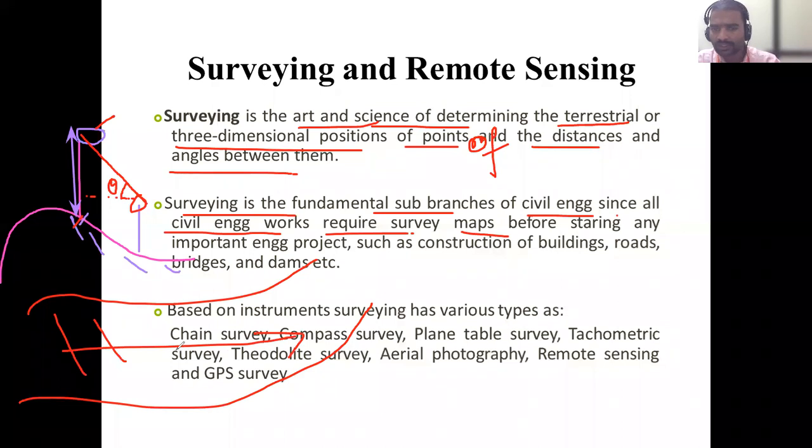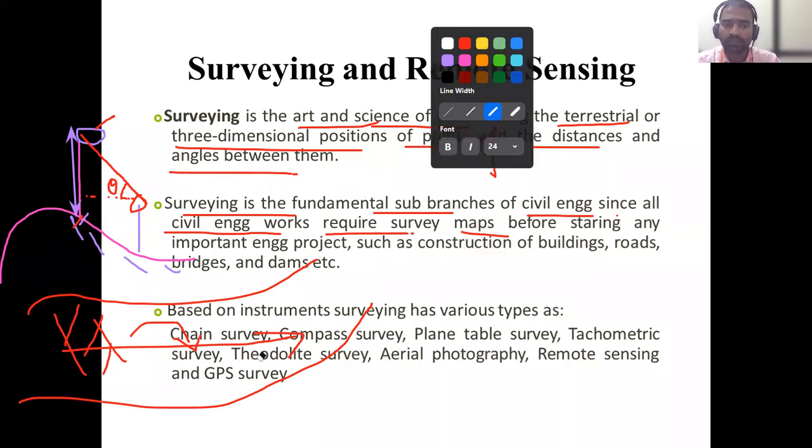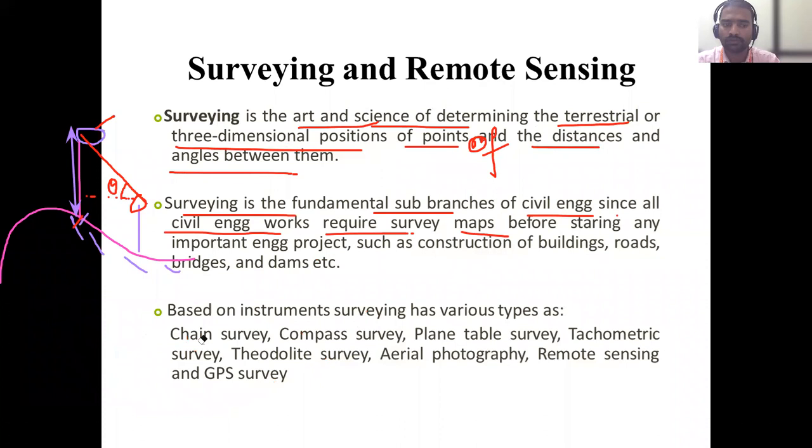So initially it is not in a plane. So I want to construct in a plane way. So some of the earth surface I need to remove, and in some of the earth surface I need to fill. There is cutting and filling of the earth. That cutting and filling, where I need to cut the earth surface, where I need to fill the earth surface, that is done with the help of surveying.